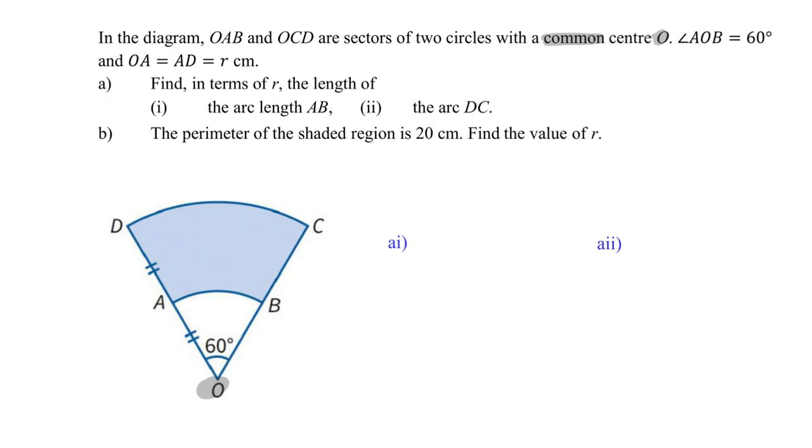So now I'm going to divide this into 2. My arc AB will focus on this where the radius is R, and my arc DC, which is this green color, will focus on the radius, and the radius would be OC, because radius we do need to measure from the center, and that will be, yes, 2R.